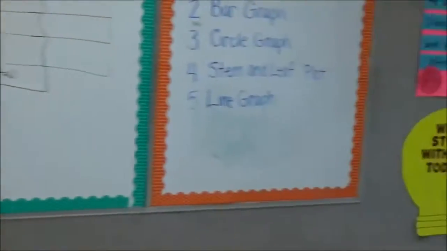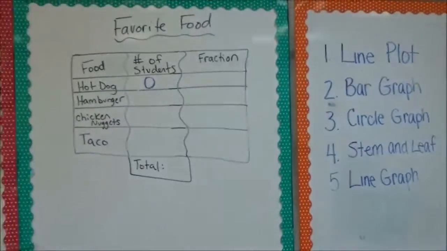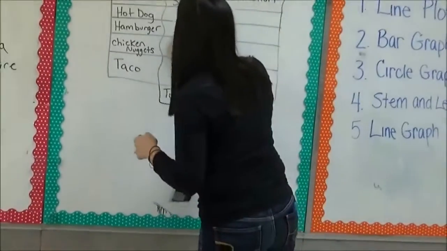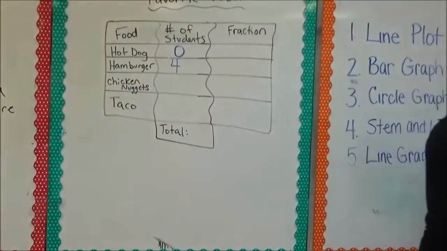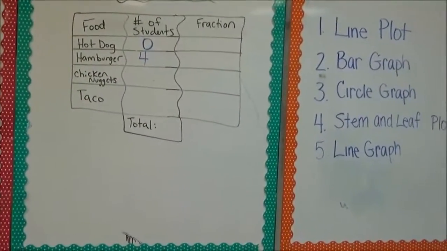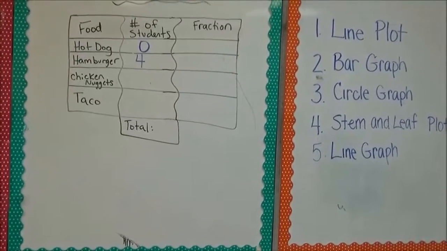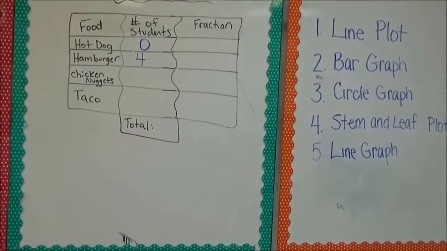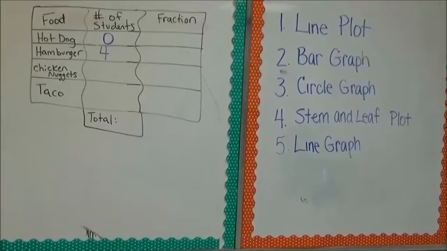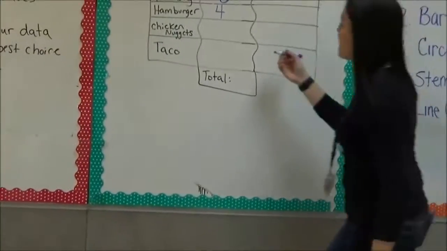Nice and high. 4. Okay. How about chicken nuggets? Nobody? 1. Okay, and how about tacos? Tacos. Okay, keep them up nice and high. So many tacos.